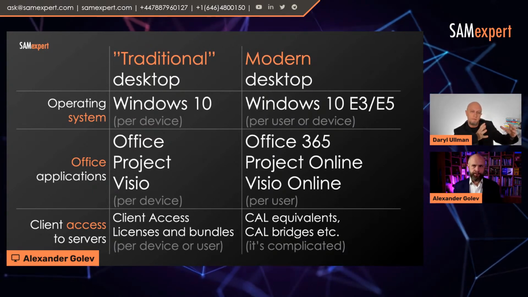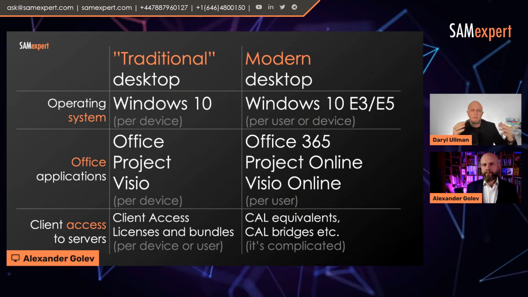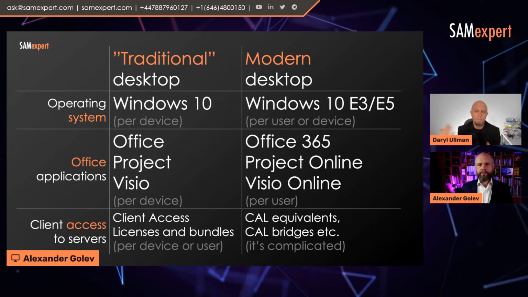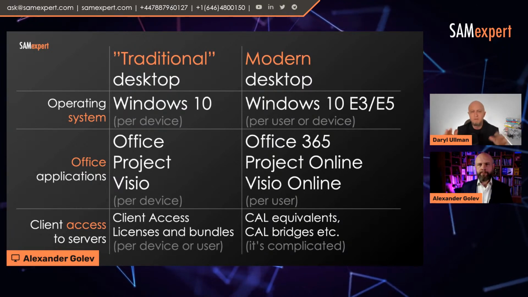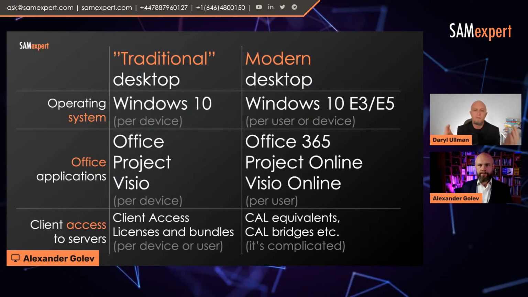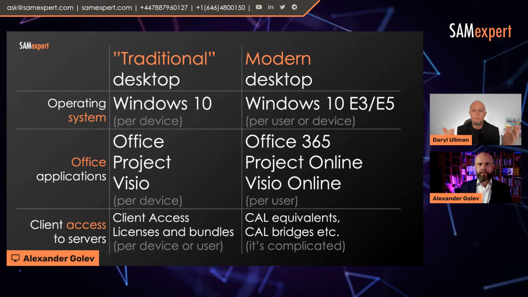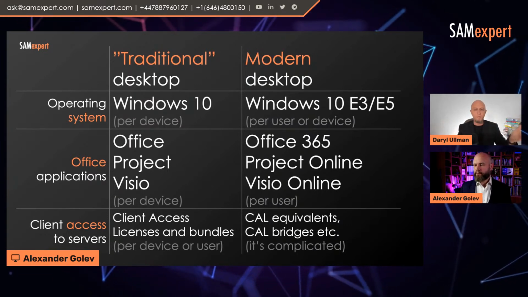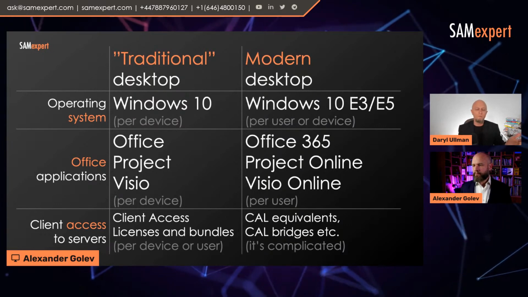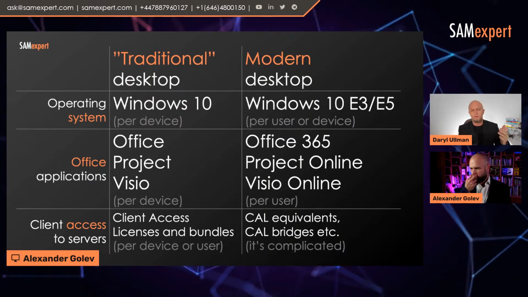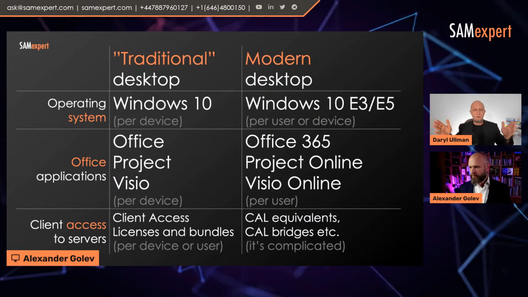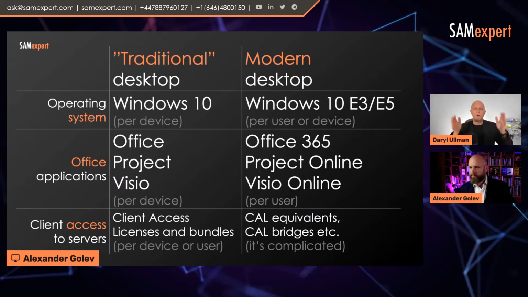If you look at hybrid models, organizations using both modern and traditional desktop, that statistic goes up to around 50-55%. So we're still in a mixed mode, and we're going to be in a mixed mode for at least 3 to 5 years. So we can't neglect the traditional and just talk about modern. We still need to manage both in parallel.